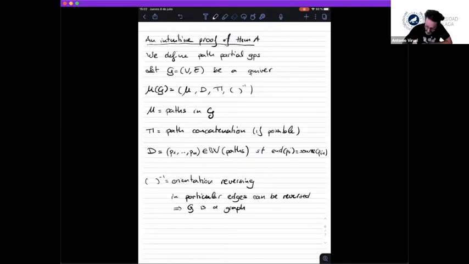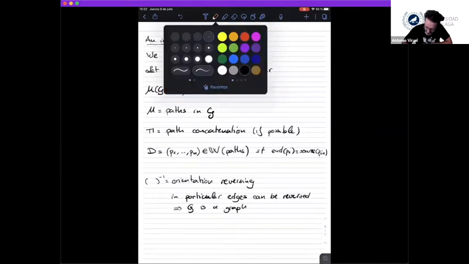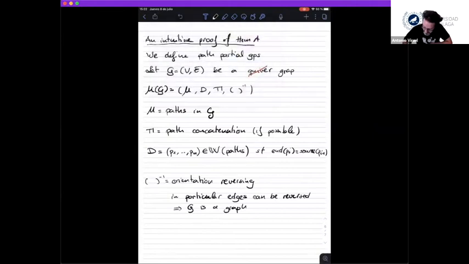So I can just go up here and delete. Oh well, I will just redo this: no quiver, it's going to be a graph, right? So what else?